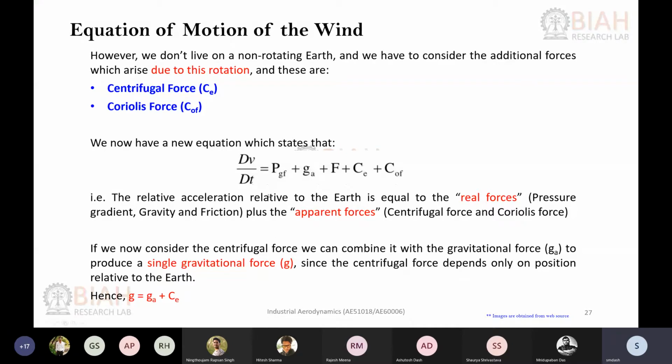The other two forces, centrifugal and Coriolis, are experienced due to the change in the frame of reference. That's why they are called apparent forces. They are not there in a stationary frame of reference, so they are not considered real forces but apparent forces.